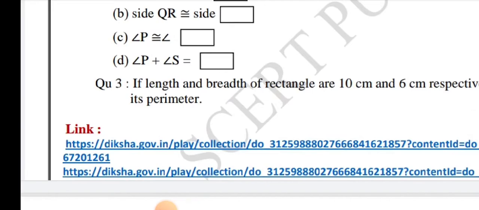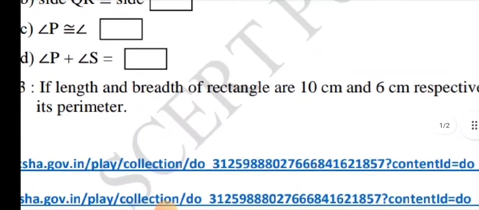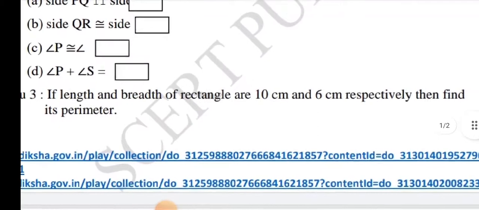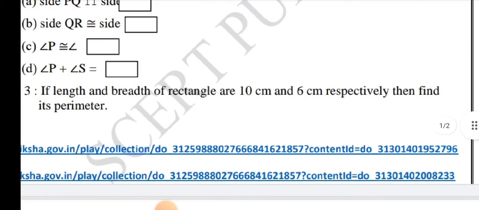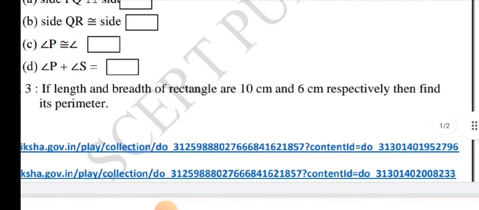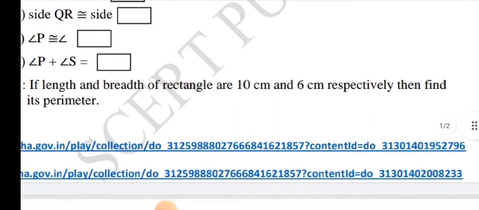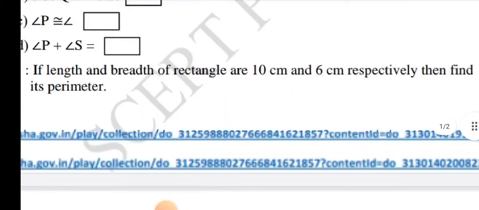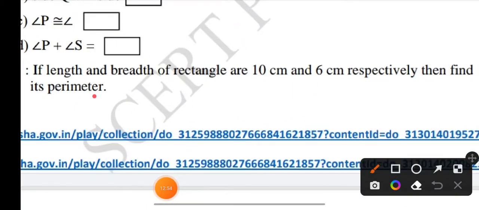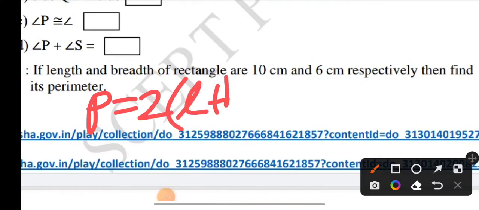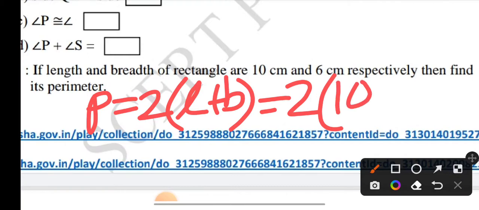Now question number 3. If the length and width of a rectangle are 10 and 6 centimeters respectively, then find its perimeter. P equal to 2 into L plus B. Therefore, 2 into L is 10 and B is 6.